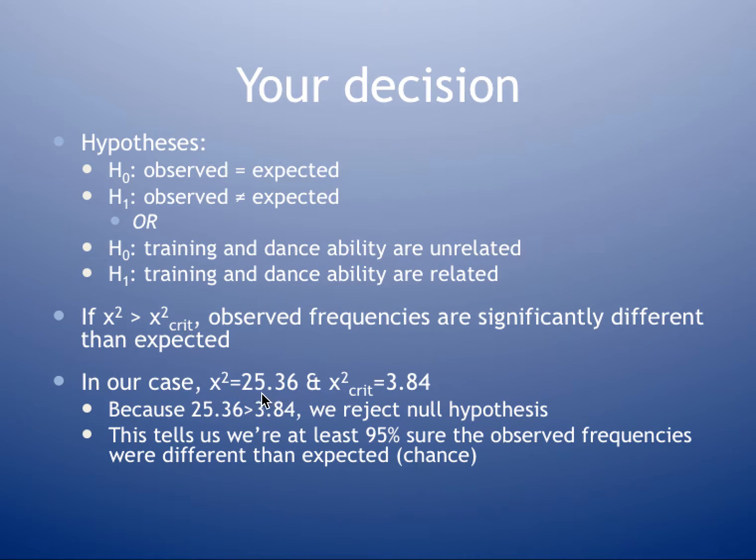If this value, this 25.36, was, let's say, 1, then we would fail to reject the null. We would reject the alternative hypothesis. But in this case, our chi-square value is big enough that we are pretty sure, at least 95% sure, that the values are happening not by chance alone.